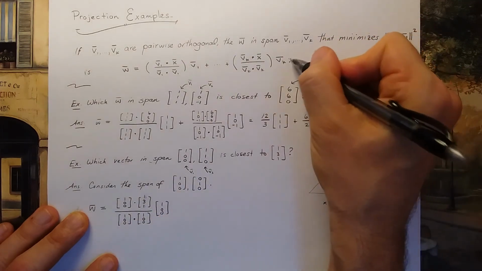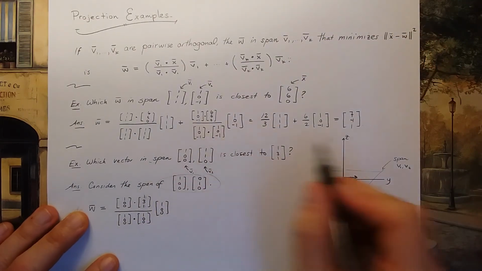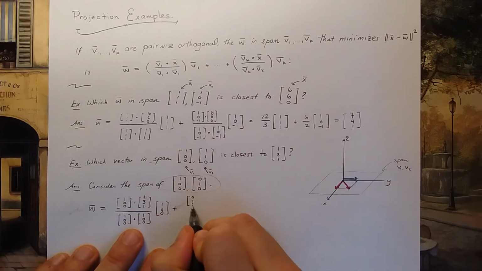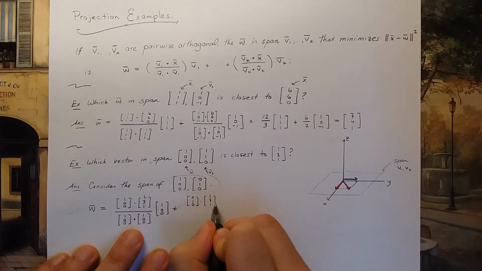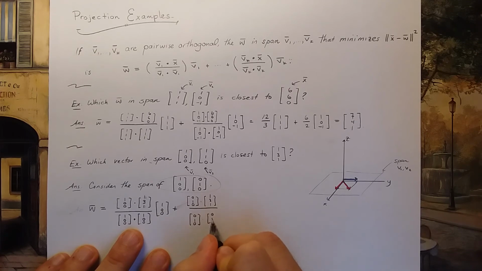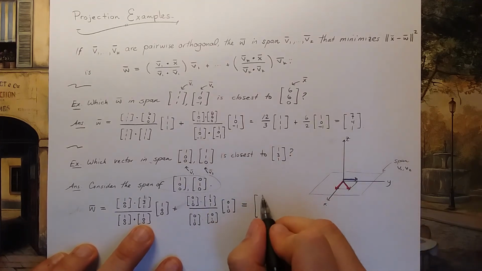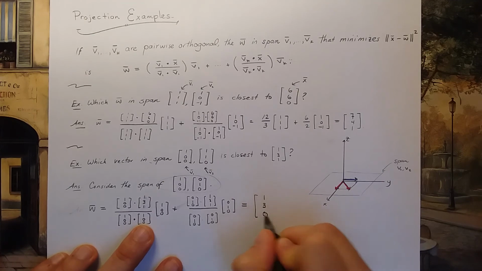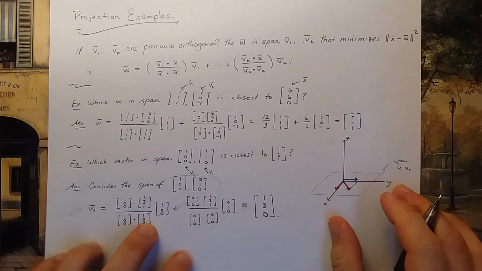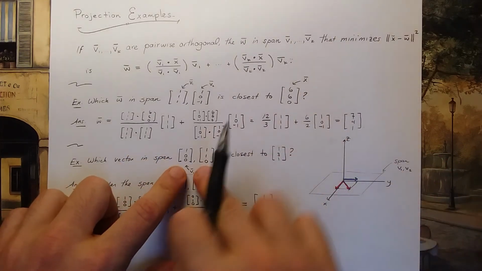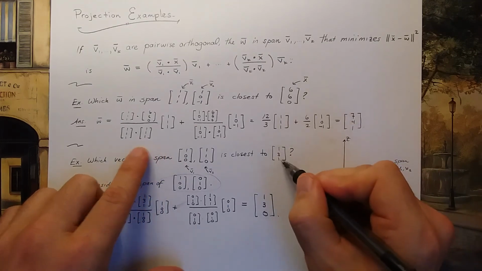I'm using this up here with my new two vectors, not my old two that weren't orthogonal, plus the vector 0, 1, 0 dotted with x, 1, 3, 1, divided by 0, 1, 0 dotted with 0, 1, 0, and that is times 0, 1, 0. And I believe if you do the calculations, this time you will get the vector 1, 3, 0. So 1, 3, 0 is the vector in the span of these two that's the closest to 1, 3, 1.